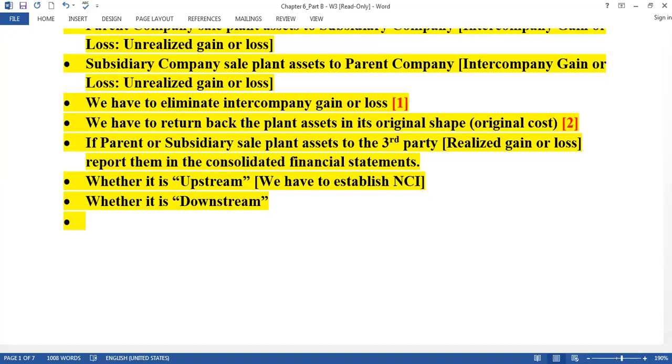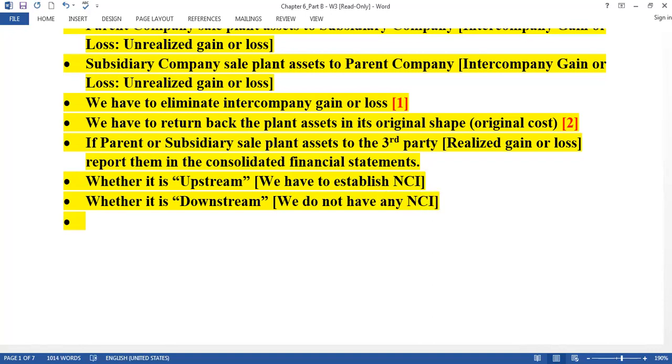So if it is upstream sales, we have to establish NCI. If it is downstream, we do not have any NCI.